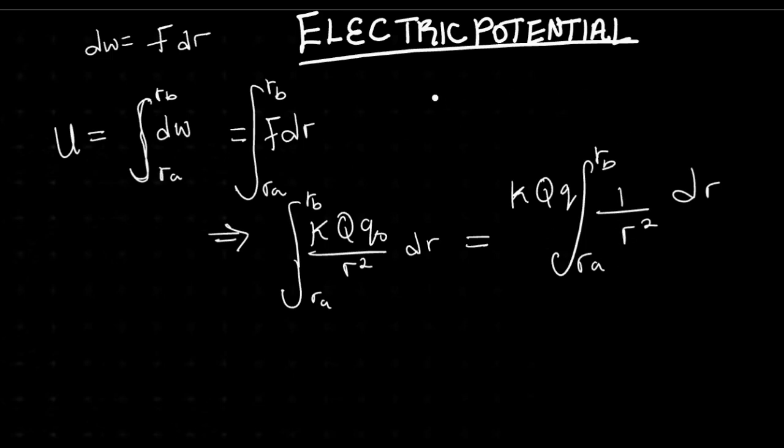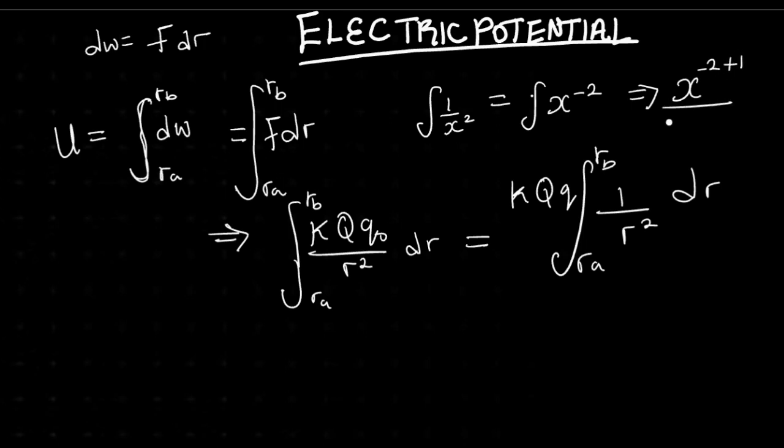We integrate the integral of 1 over x squared, the same thing as saying the integral of x to the power of minus 2, which is x to the power of minus 2 plus 1 over minus 2 plus 1. So this gives you x raised to power minus 1 over minus 1, right? So that gives you minus x raised to power minus 1, or minus 1 over x.